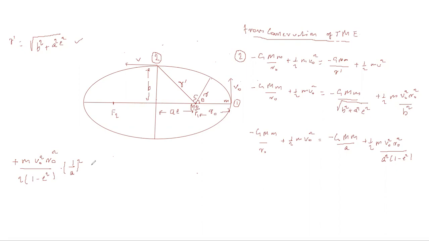The second term would be minus G M m into 1 upon a, and the last term would be, within bracket, G M m over r naught minus half m v naught square.